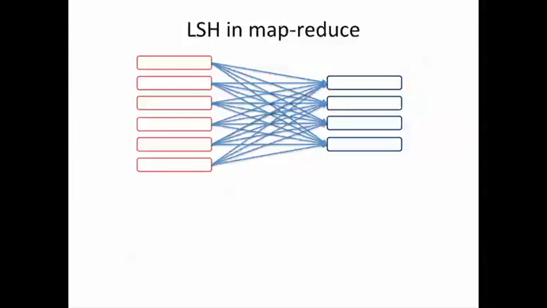Now let's consider locality sensitive hashing. In the map phase, you start with documents and compute k hash values for every document. These could be the k hash values we used for fingerprints, or they could be others as are described in the Rajaraman and Ullman book for documents.